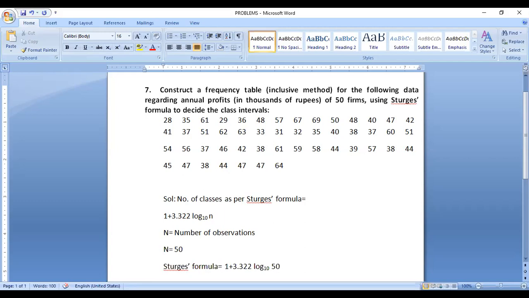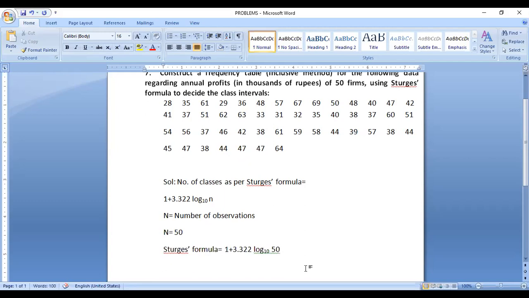Now it is equal to 1 plus, you begin the bracket, 3.322 into log 10 50, whose value we have to find out first.